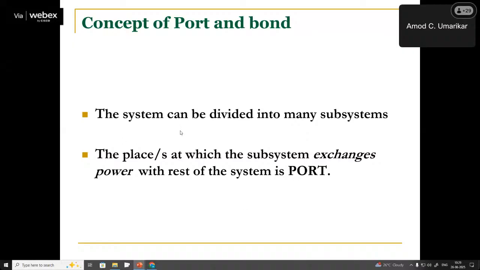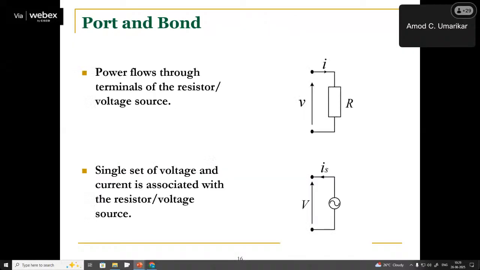So a system, generally we divide into multiple subsystems, and the places at which a subsystem exchanges power with the rest of the system is called a port. For example, take a resistor, or a voltage source.